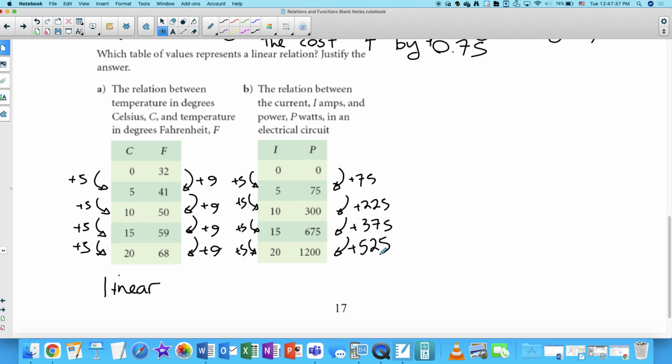Okay, so there doesn't seem to be, I suppose once you get past the 0, the change increases by 150, it looks like. But it's still not linear, right? Because we don't care about what's the difference here. We care about what's the difference in this column. Okay? So this is not linear.